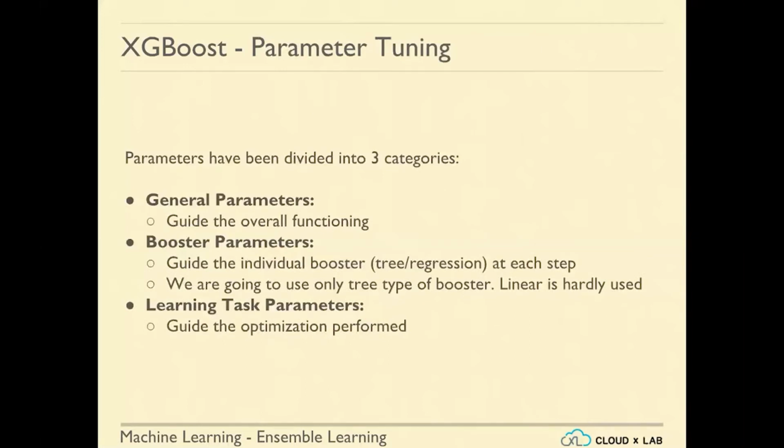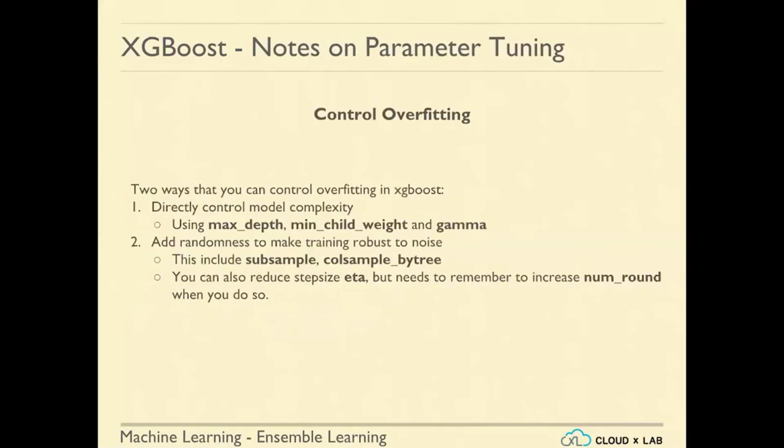My simple suggestion to you is to take a look at the parameters of XGBoost, and there are a couple of parameters which are known to work for quite a few Kagglers. You can just pick up their parameters and start from there.